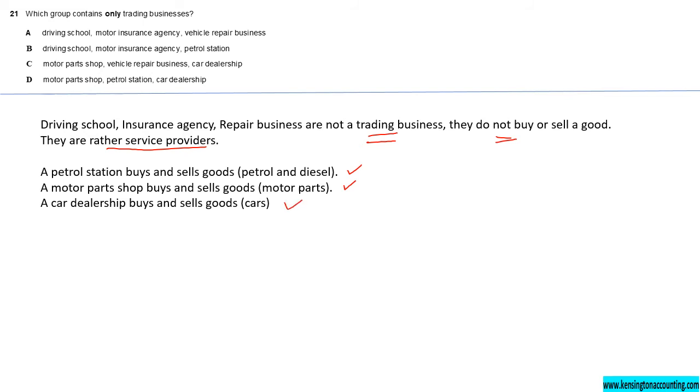Therefore these are examples of trading business. Now going back to our question, A, driving school, no. Vehicle repairs, no. Motor parts shop, yes. Petrol station, yes. Car dealership, yes. So the correct answer is D.